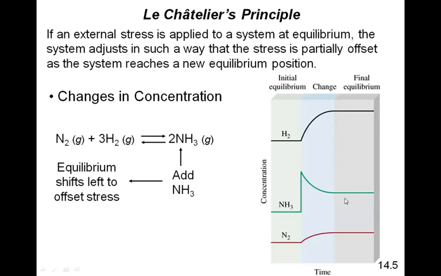Can't remove all of the added NH3. We're going to remove some of the added NH3. And again, we see that the new equilibrium concentrations for each of the species are going to be higher than they were to begin with.